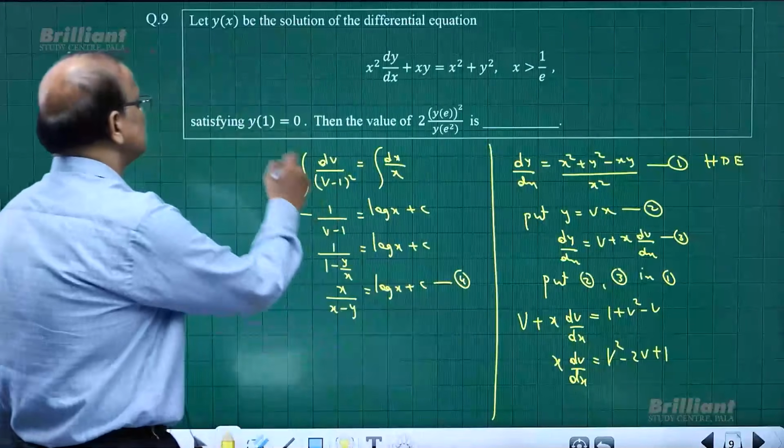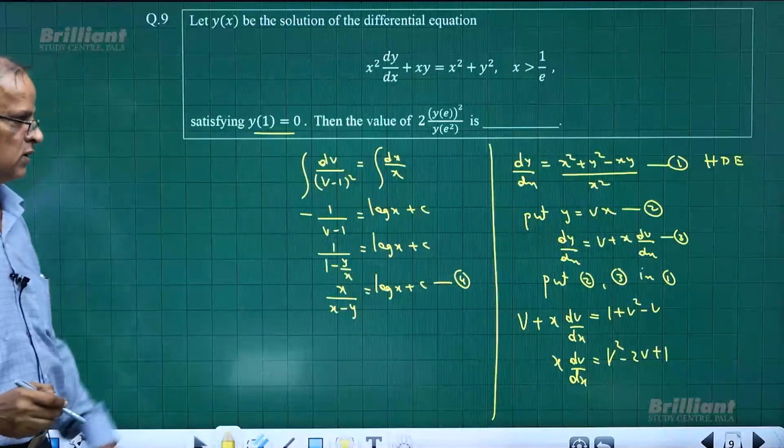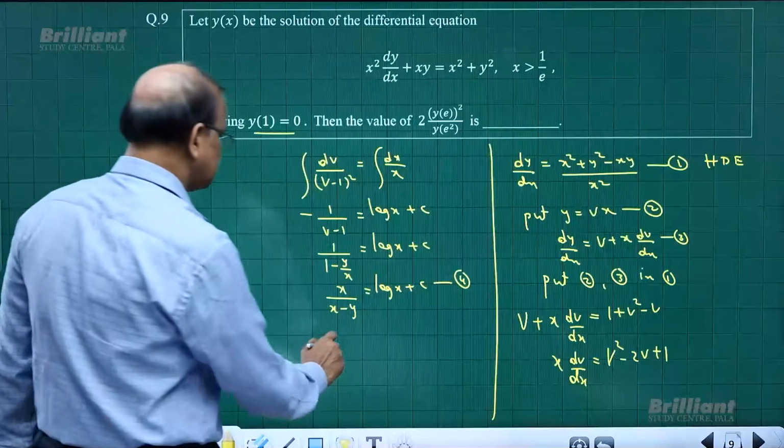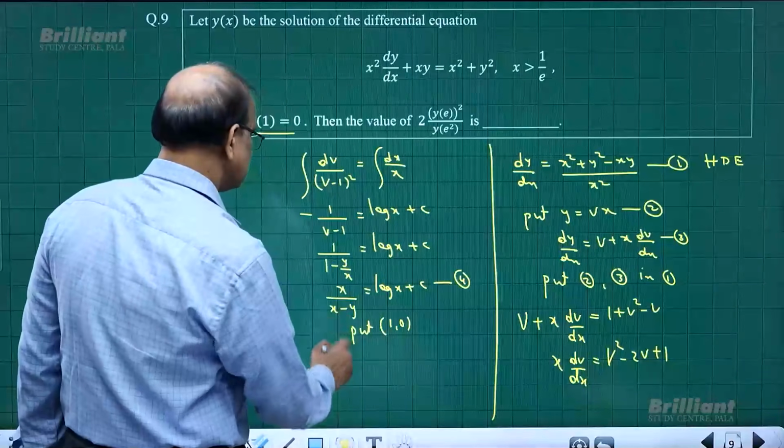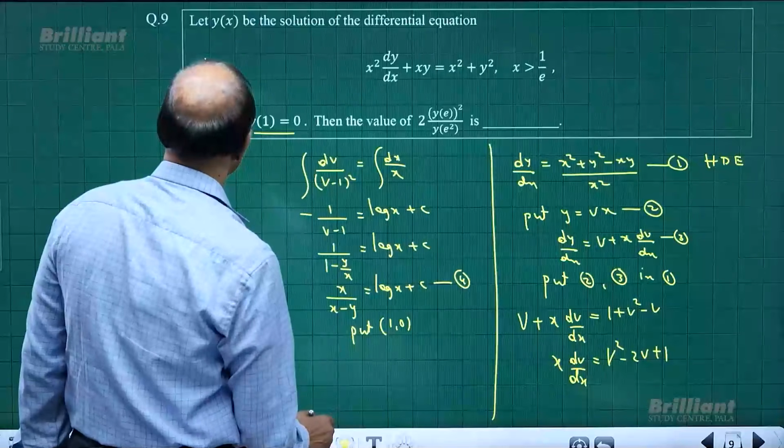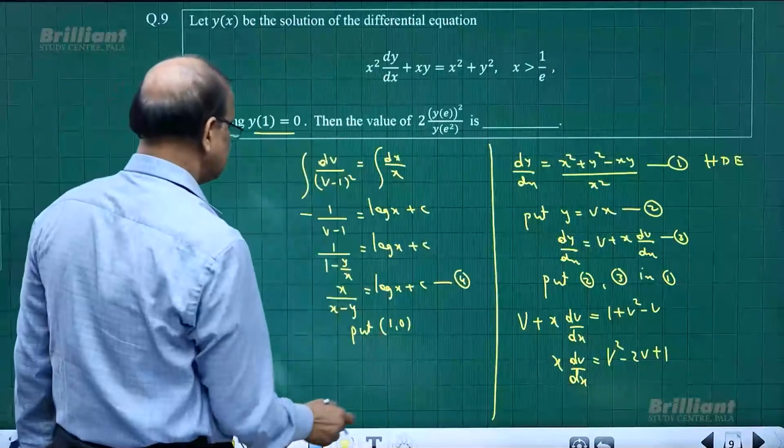Now put x equal to 1, y equal to 0, right, 1 comma 0.